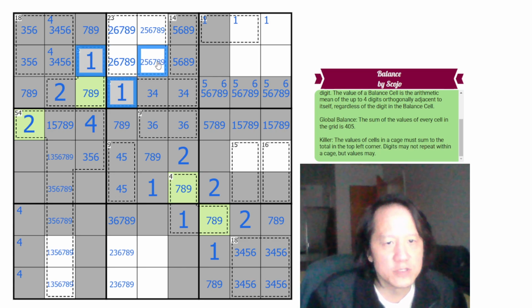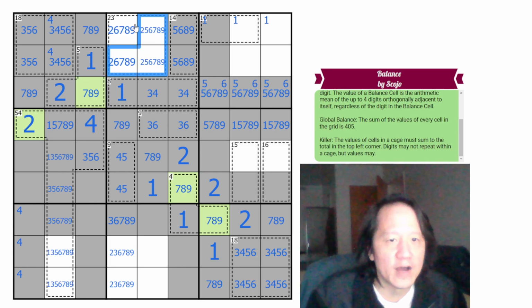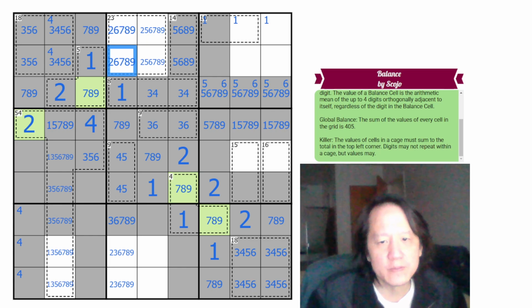What's the most this could be? It would be 8 and 9, which is 17, plus 2, which is 19, divided by 4, which is 4.8 in value. But we know the value has to equal itself. So this cannot be the balanced cell then, right?